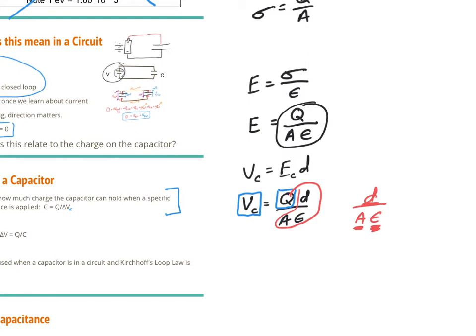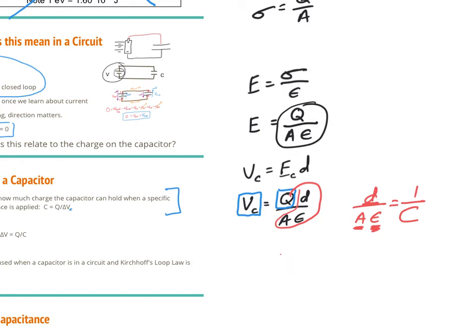But here's the thing. This red statement is not the capacitance, because a large area should lead to a large capacitance. So this is not equal to the capacitance, it's equal to 1 over the capacitance.